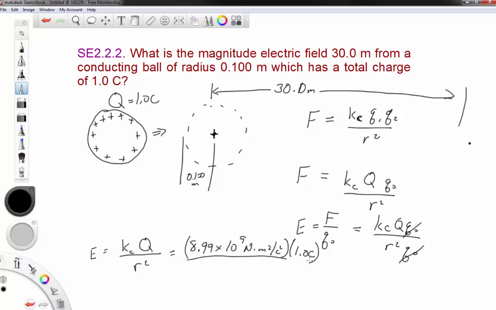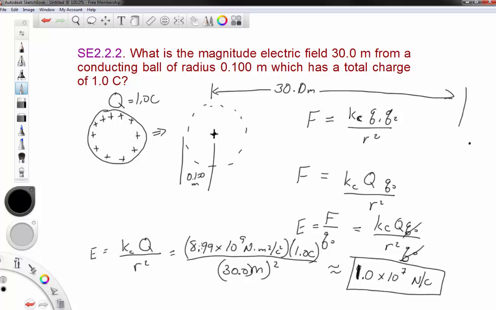And the distance away was given as 30.0 meters, and so we square that. So this is approximately 1.0 times 10 to the 7 newtons per coulomb, because we have about 9 divided by about 900, and then that's times 10 to the 9.